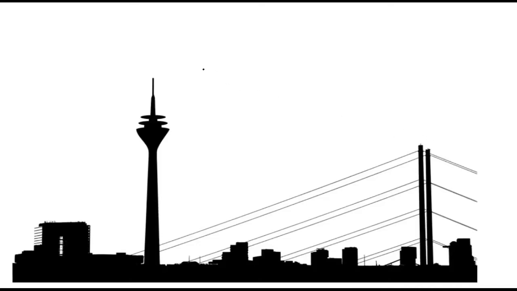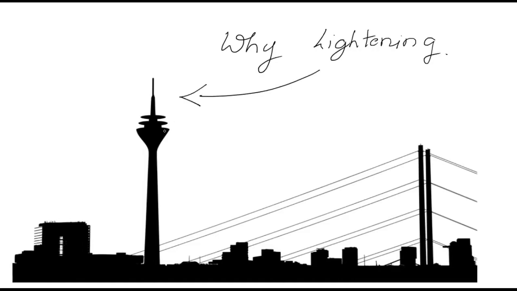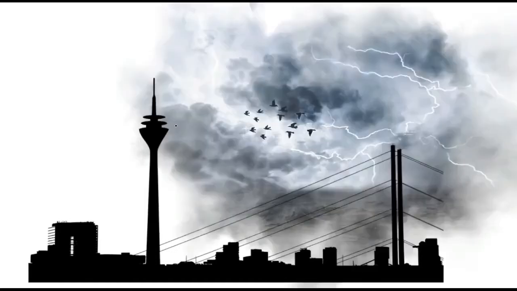Now let us come back to our main question: why lightning? And why are these towers and buildings shown here? Basically, lightning strikes on tall buildings whenever there is a cloud formation or rain along with that, or we can call it a thunderstorm.